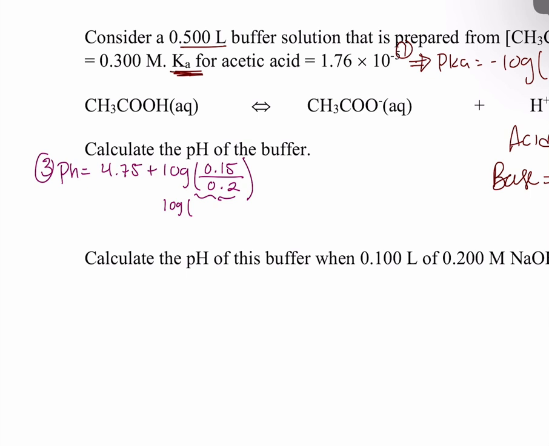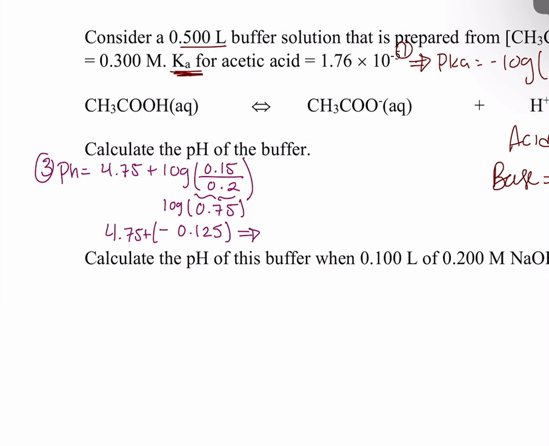That's going to give us the log of 0.75. And then the log of 0.75 is negative 0.125, and it's going to be 4.75 plus that.